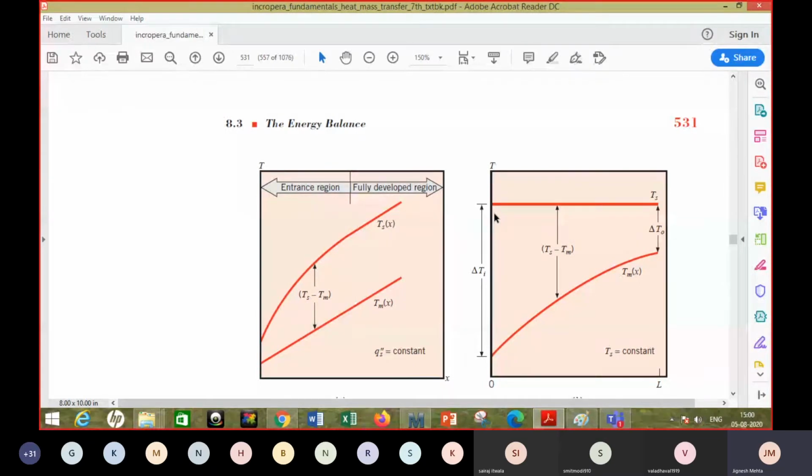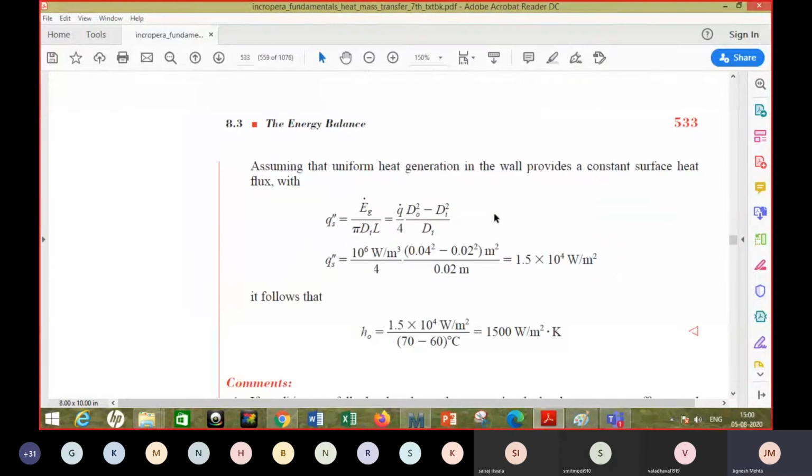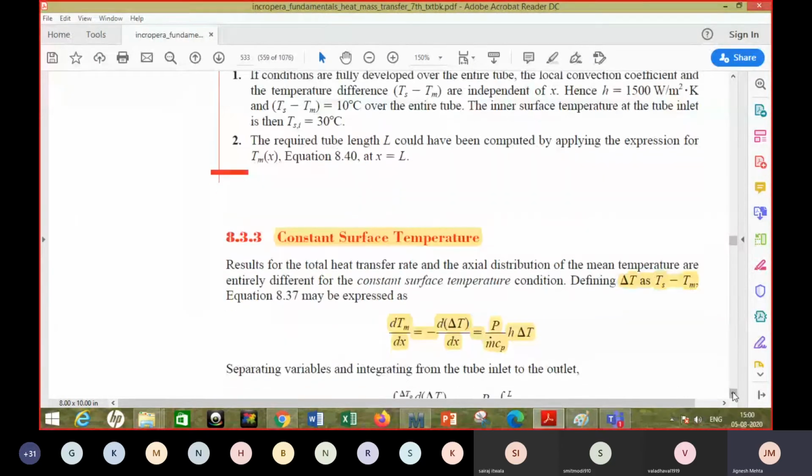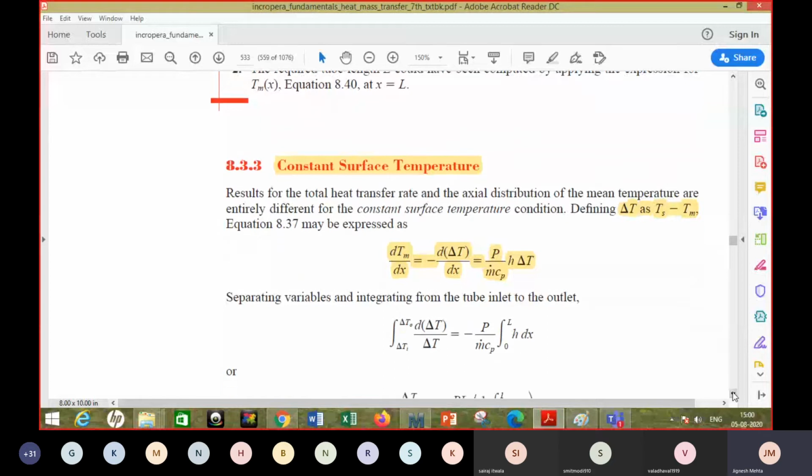You can show this with the help of the same very simple looking equation given earlier: dTm by dx is equal to P, the perimeter, upon m dot Cp into h into delta T, and this delta T is nothing but Ts minus Tm.